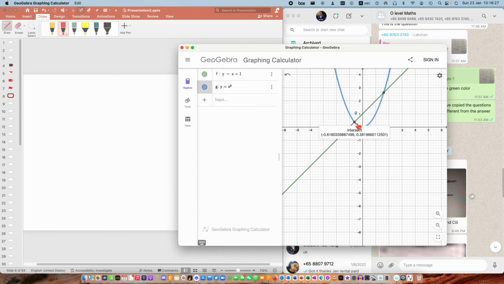With the use of technology, you can have a preview of the question. This is related to the concept of discriminant as well. So this has 2 real roots, so the discriminant is more than 0.